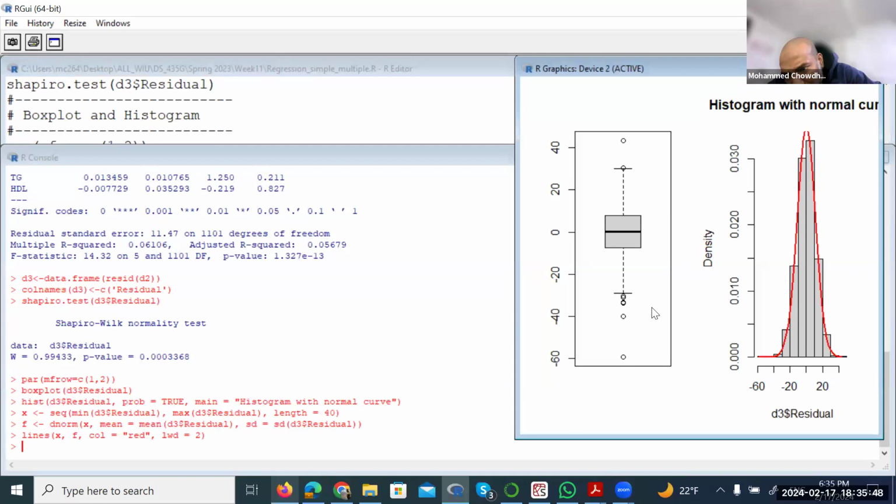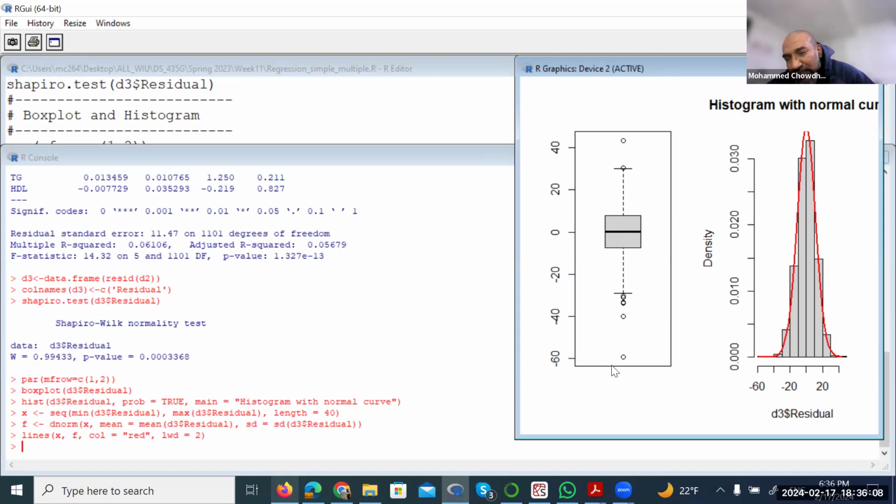There are a few outliers from the box plot, and top 50% and bottom 50% are shown in the figure. This is the median. So top 50% and bottom 50% are almost similar because the data is very big.